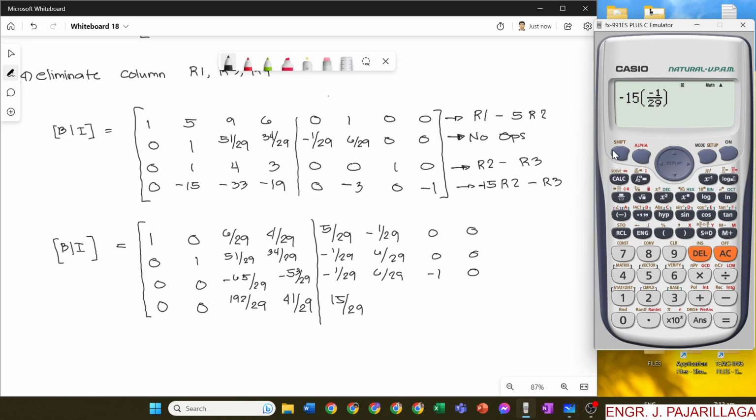So, dito naman, we have positive 6 over 29 multiplied by 15. And then, dito, may minus negative 3. Okay? So, that is negative 3 over 29. And then, we have 0 minus 0. So, 15 multiplied by 0 minus 0 is 0. You have negative 15 multiplied by 0, that is 0. Minus negative 1, this is positive.